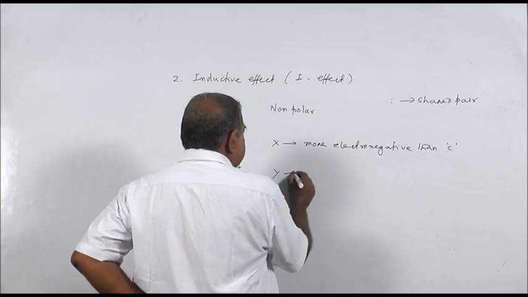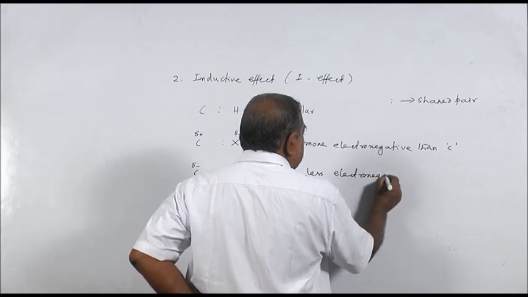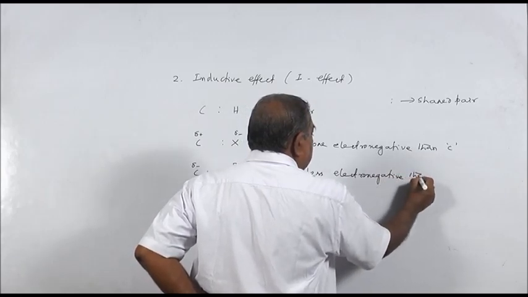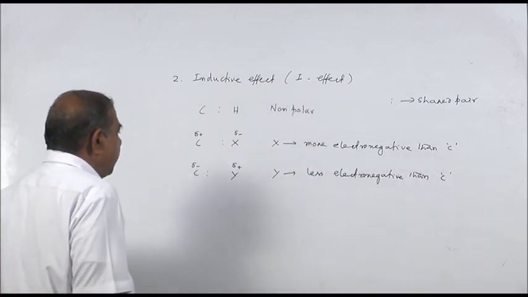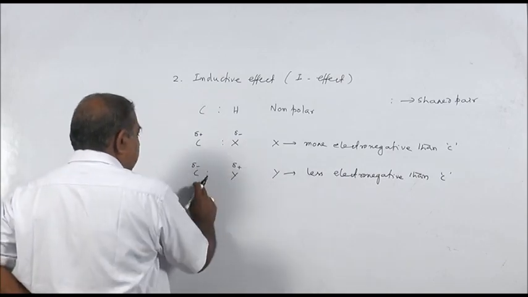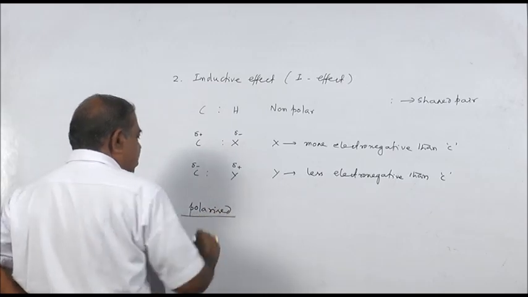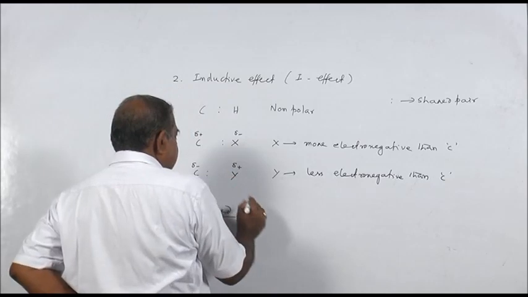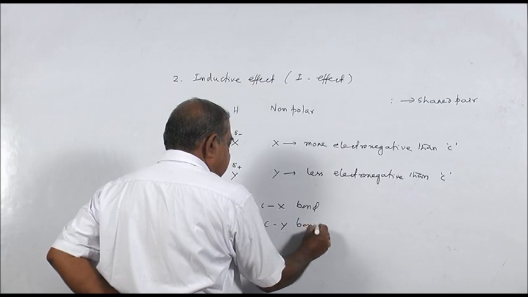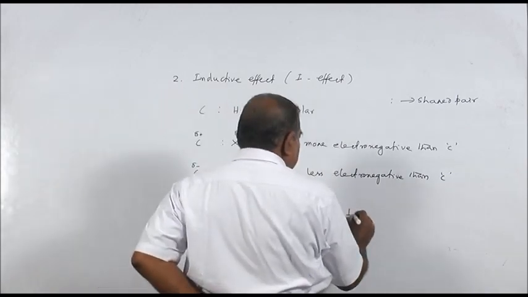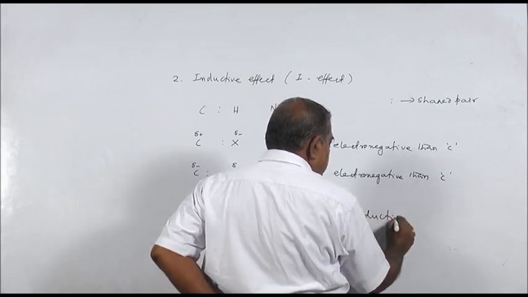In this case, Y is less electronegative than carbon. So you can see the C-X bond or C-Y bond is permanently polarized. This permanent effect by which either the C-X bond or the C-Y bond is polarized is called the inductive effect.